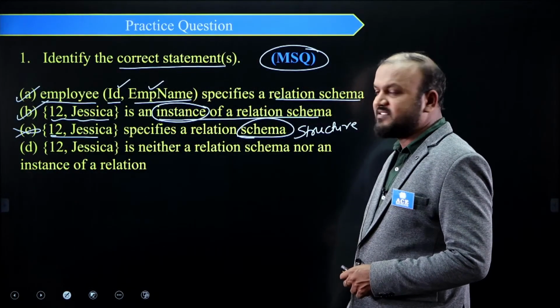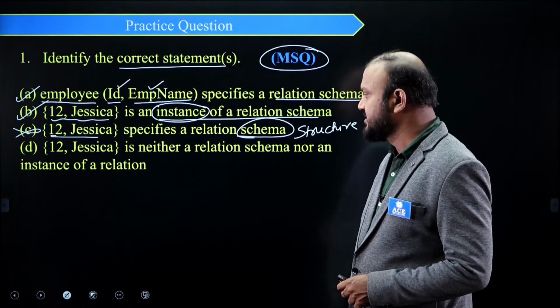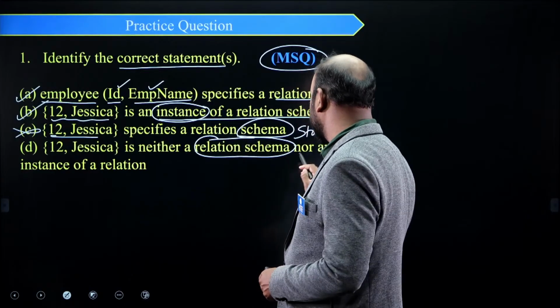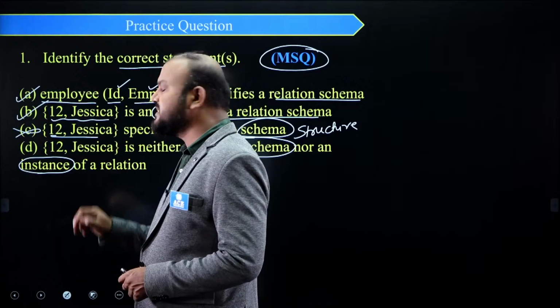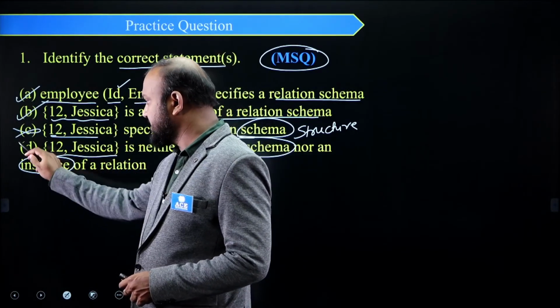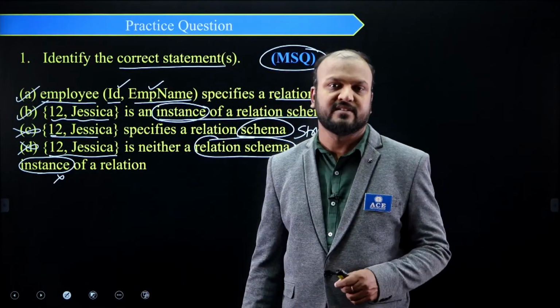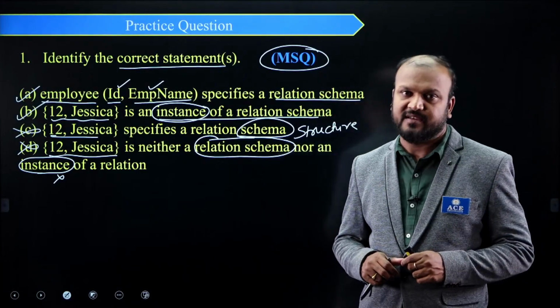And D: 12 Jessica is neither a relation schema nor an instance. It is not a relation schema, that part is true, but an instance is a tuple, and this is a tuple, so this is an incorrect statement. So the correct statements are A and B. You may expect some basic questions in the RRB JE.